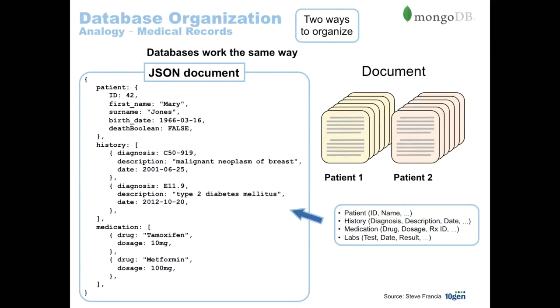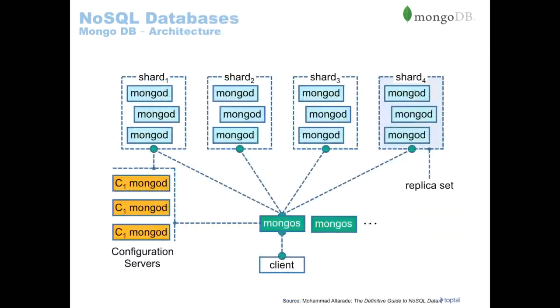And then in history, you can have as many different records in there as you like, medication, information about drugs, and so on. Now, this is a great way to organize the information, but of course the application that uses this database needs to be aware of how the data is organized.